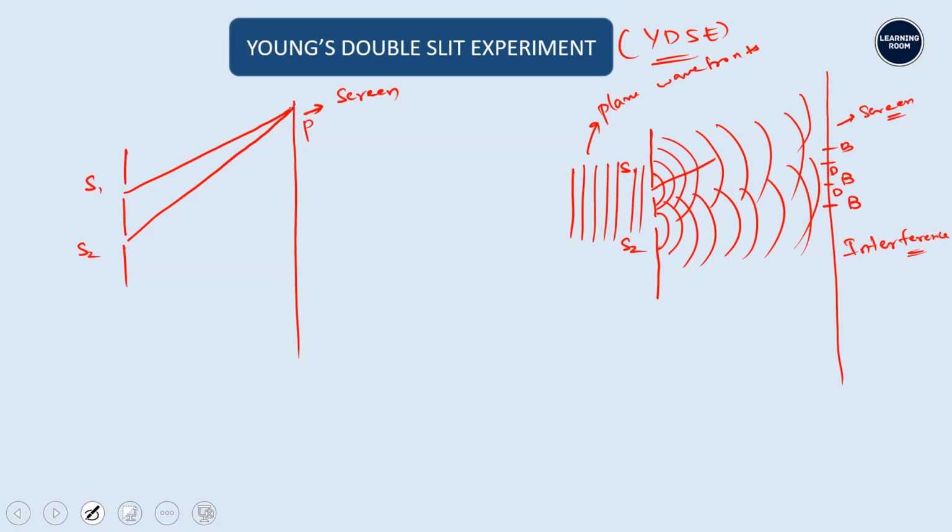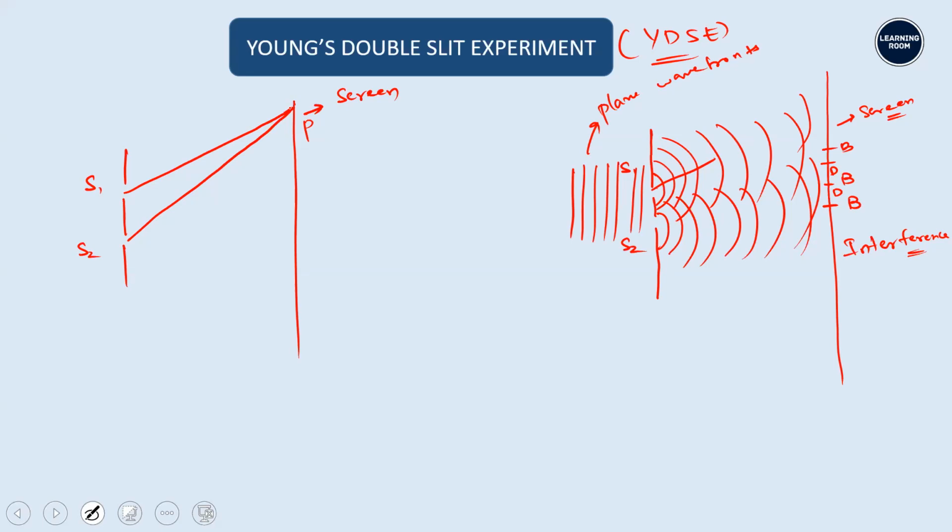The answer is obviously no. Among both, which ray is taking a greater distance according to our assumption? It is obviously the ray from S2. So if I calculate the distance S2P and subtract the distance S1P, I will get a value called the path difference, because I am calculating the difference in the path lengths traveled by the individual rays.